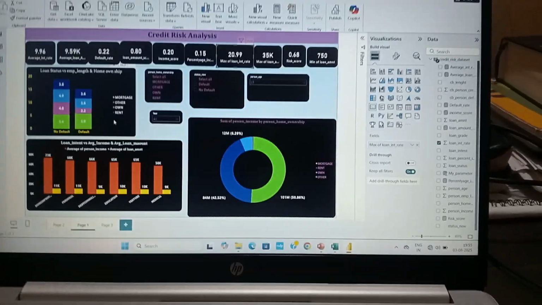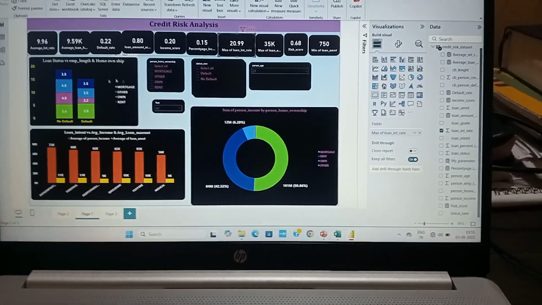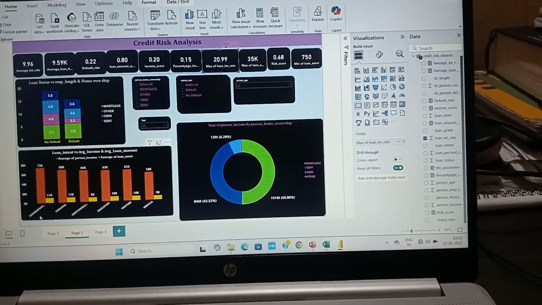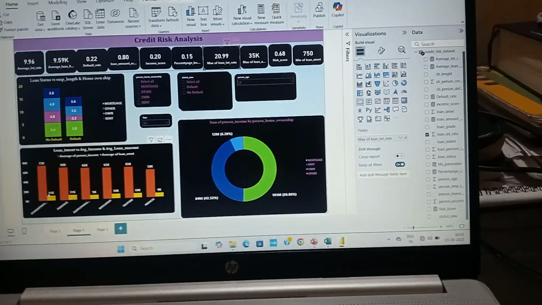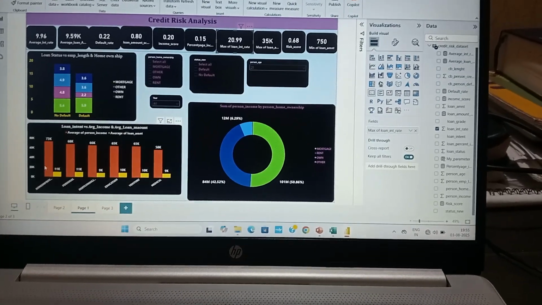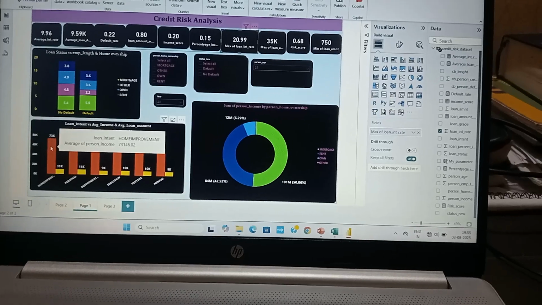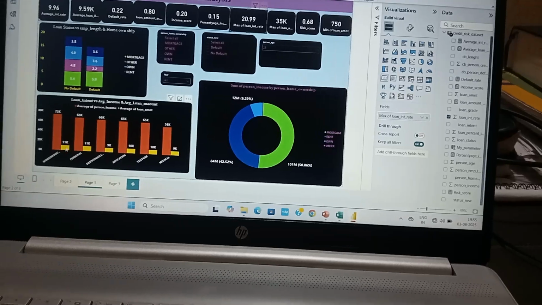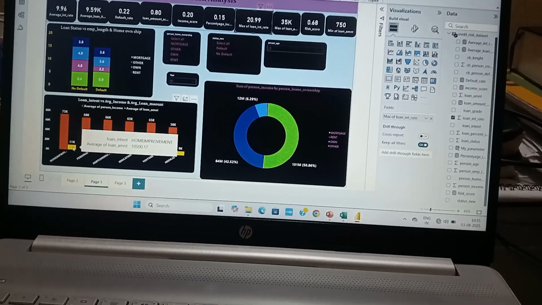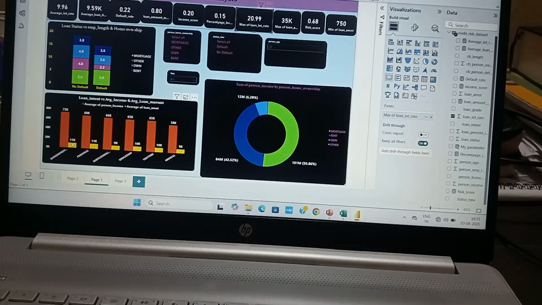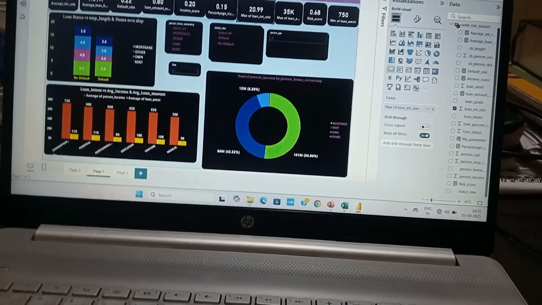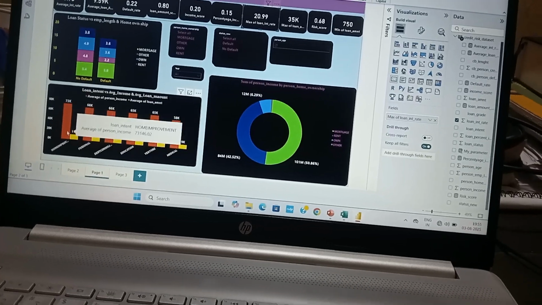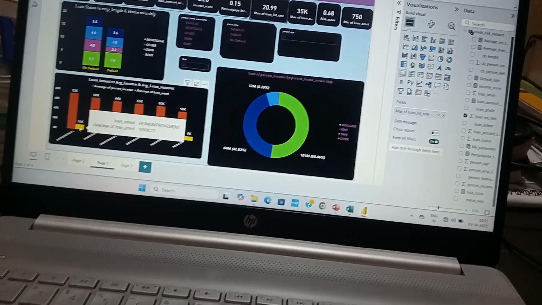Then we come to the loan interest and average income. For home owners, we can see the average income is 73K, and the loan amount is nearby 11K. Home owners have the highest income, and the loan is also 11K.